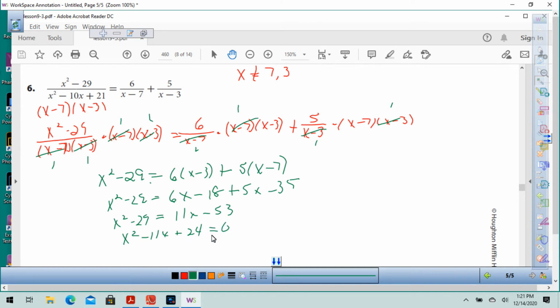All right, what are the factors of 24 that when you add them will give you 11? That would be x minus 3 and x minus 8. Okay, so we got x minus 3 equals 0, so x equals 3. And we got x minus 8 equals 0, so x equals 8.